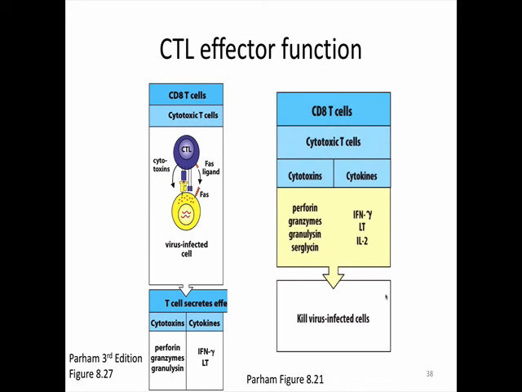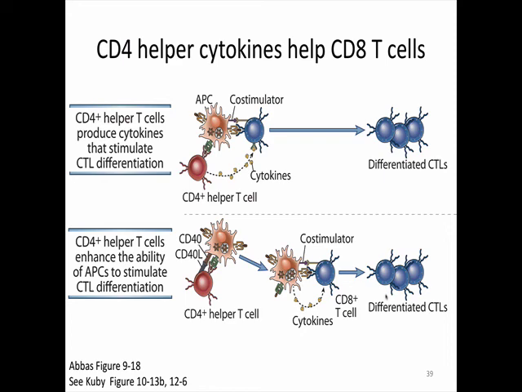But the one other thing to tell you about CD8 T cells is if we want to make a CD8 T cell into a CTL, there is one other important thing we need. And that is some help from CD4 cells. So CD8 T cells require some cytokines from CD4 T cells.